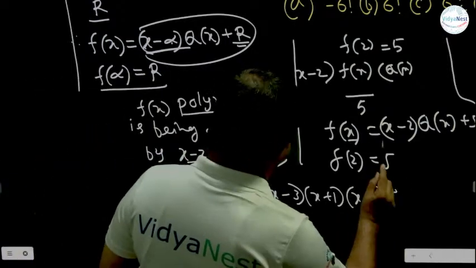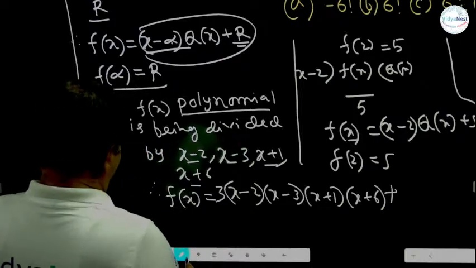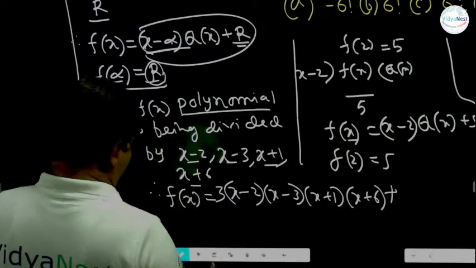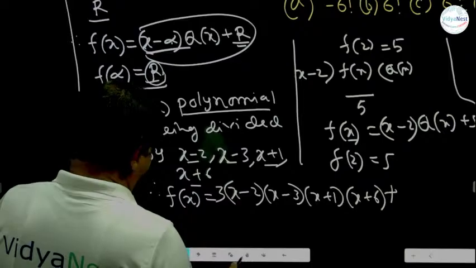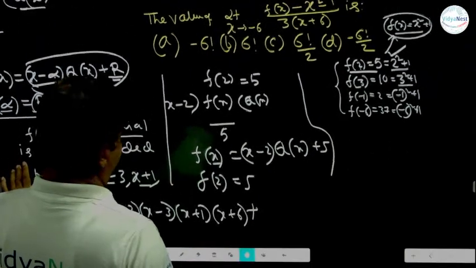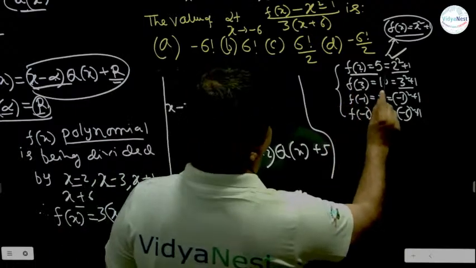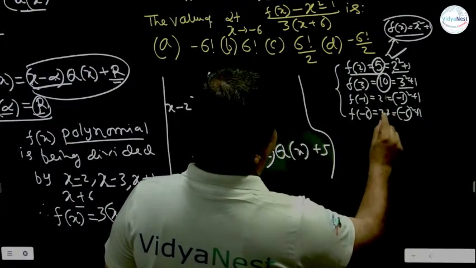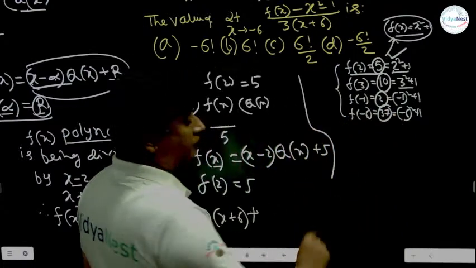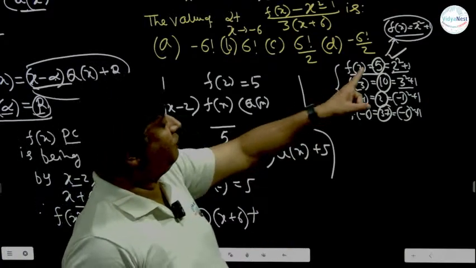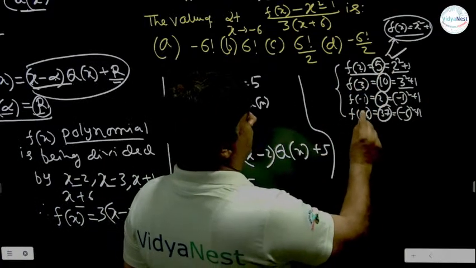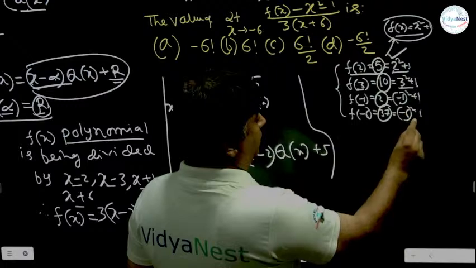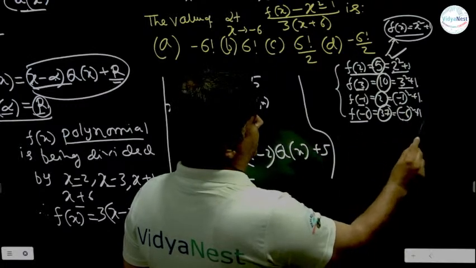What is the remainder? Actually, once you are getting f(alpha) is equal to r, r is the remainder. Here, what is the remainder? You see, f(2), 2 square plus 1. Here 5 is the remainder, 10 is the remainder, 2 is the remainder. Yes or no? 37 is the remainder. So 5 can be written as 2 square plus 1, 10 as 3 square plus 1, 2 as minus 1 whole square plus 1, and 37 as minus 6 square plus 1.